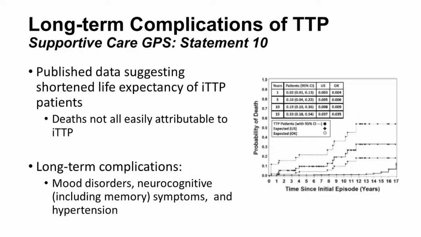What was found in this very interesting and quite sobering study was that there was an increased probability of death in patients who had a prior history of TTP. If you look deeper at the deaths and how they died, it's not easily attributable to TTP in all cases. And in fact, the majority have other causes, suggesting cardiovascular or other related conditions that may have led to death.